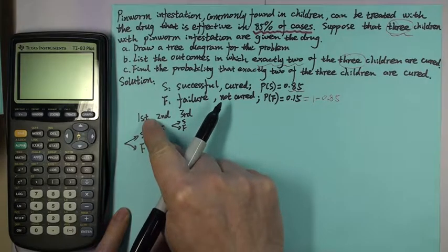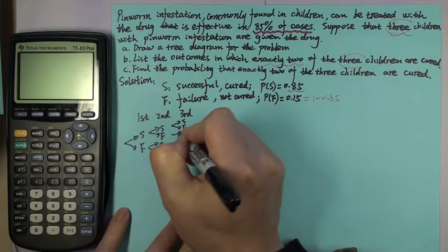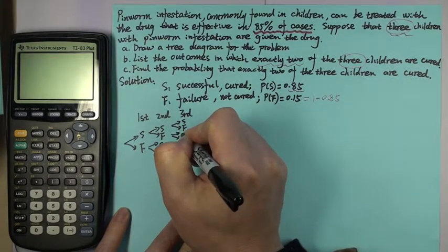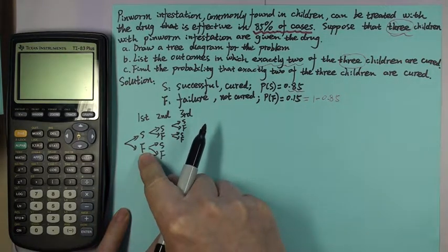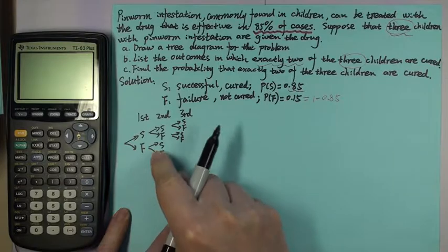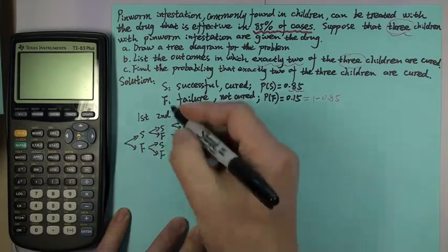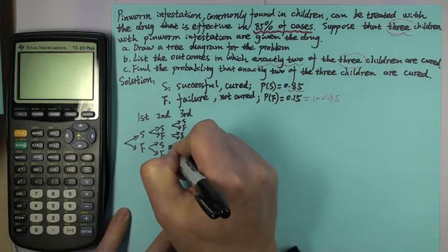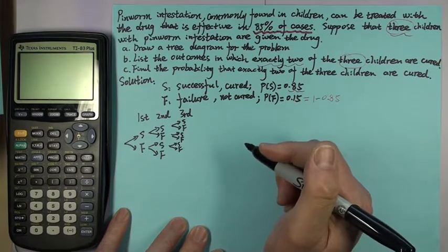If the first one is cured and the second child is not cured, still we have S, F. And if the first child is a failure, not cured, and the second one is successful, then you still have S, F for the third child.